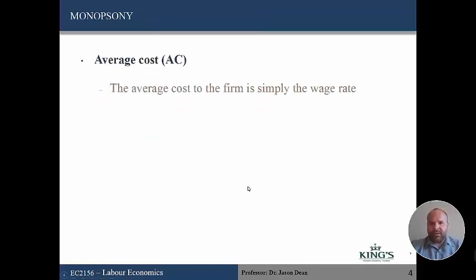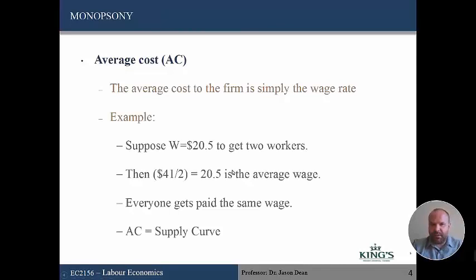So the average cost of a monopsonist is the average cost to the firm. It's going to simply be the wage. Okay, for example, if the wage is $20, suppose the wage would have to be $20.50 to attract two workers.